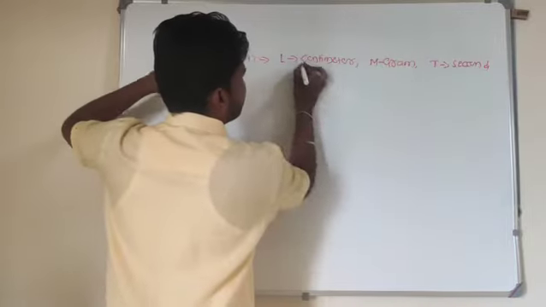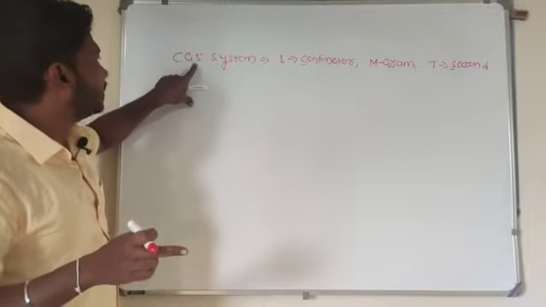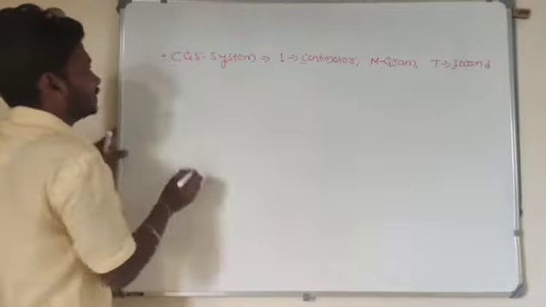So centimeter, gram and second. That is the CGS system.